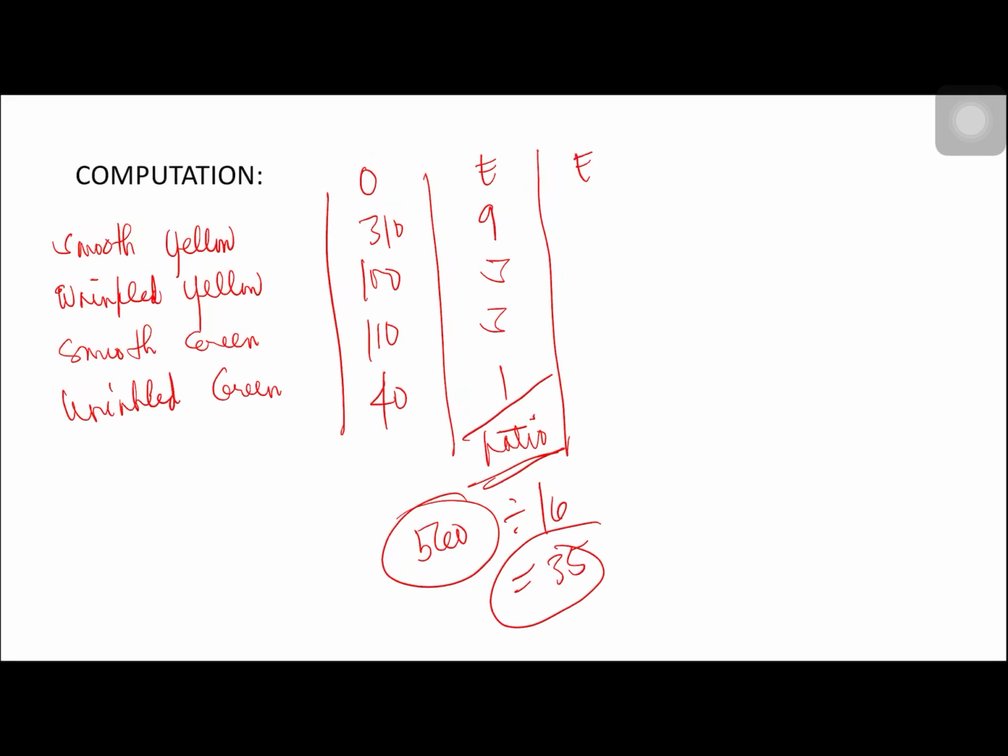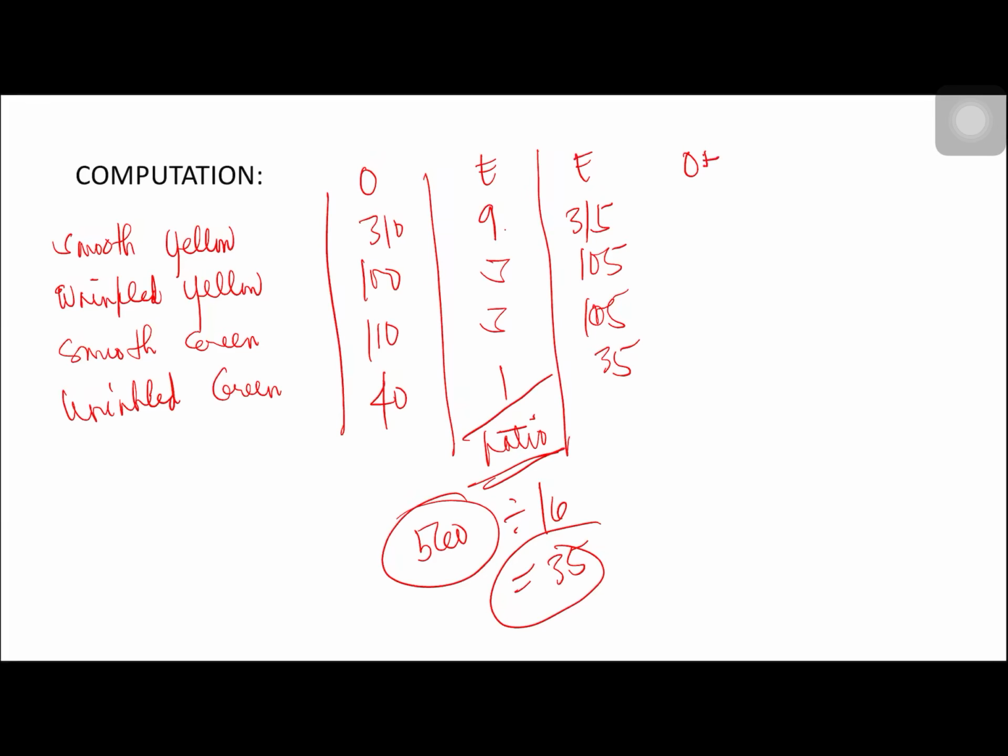Meaning we have 35 peas per part. For the smooth yellow, we have 9 times 35, that is 315. Then for wrinkled yellow, we have 35 times 3, that is 105. Then 105, and then we have 35.